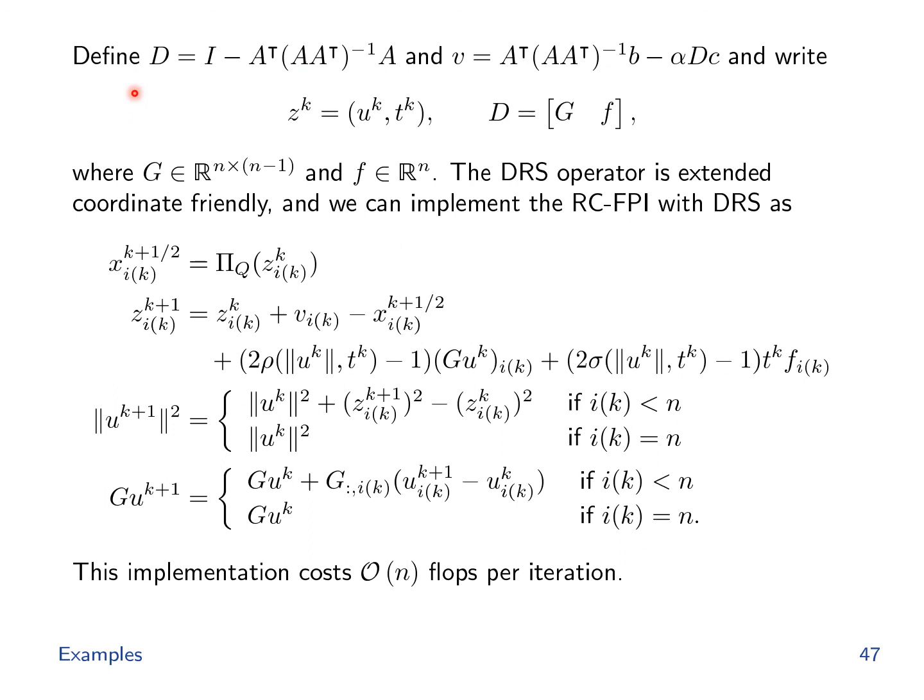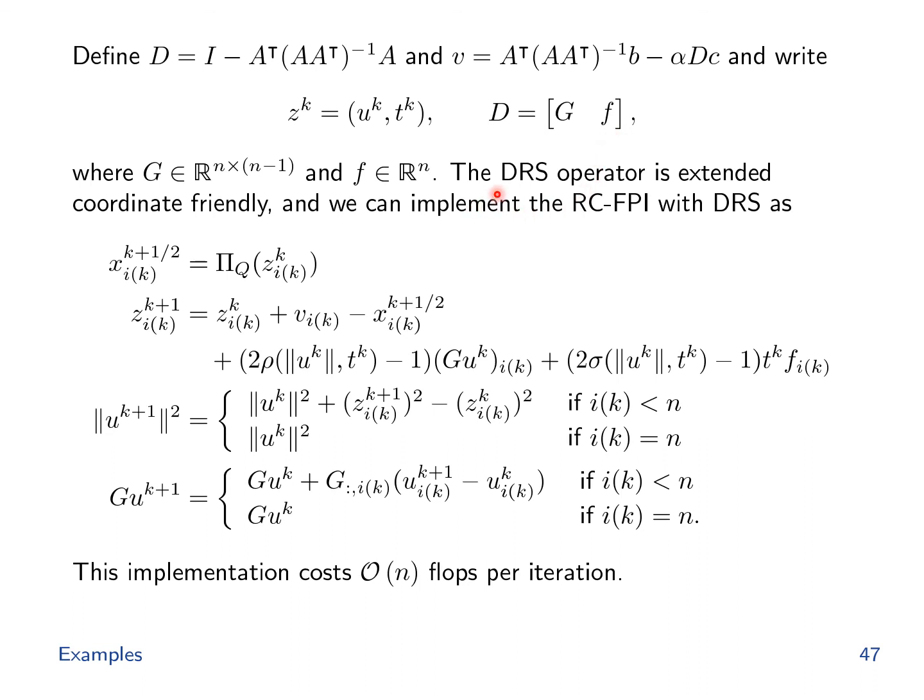Recall, to apply DRS to this conic program, we need to pre-compute this D matrix and this v vector. And we partition z_k into subvector u_k corresponding to its first n-1 components and its last component. Similarly, we partition D into column blocks where G has the first n-1 columns and f is the last column.